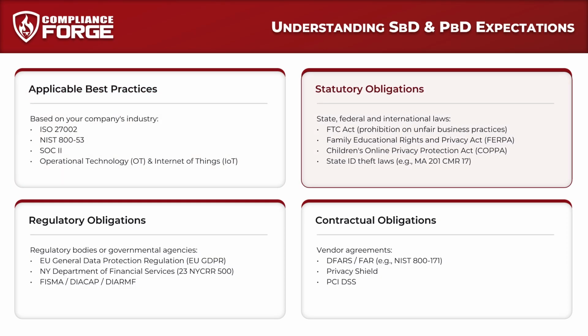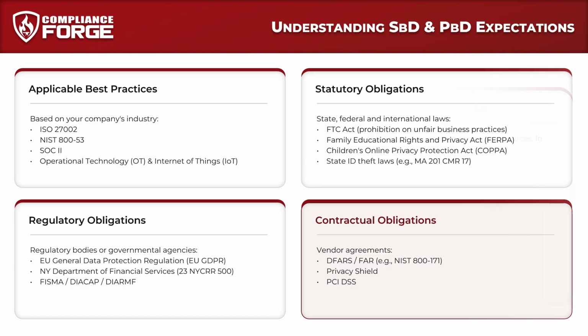Statutory obligations from state, federal, and international laws, such as the FTC Act, FERPA, COPPA, and state ID theft laws. Regulatory obligations from regulatory bodies or governmental agencies, such as the EU GDPR, the New York Department of Financial Services, and FISMA. And contractual obligations from vendor agreements, such as DFARS and FAR, Privacy Shield, and PCI DSS.